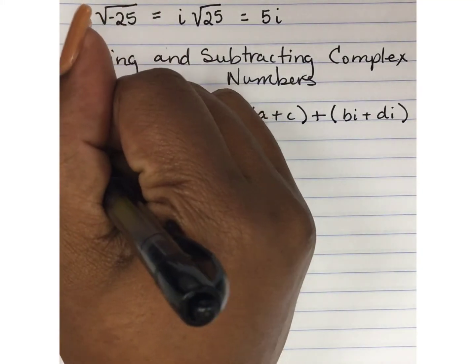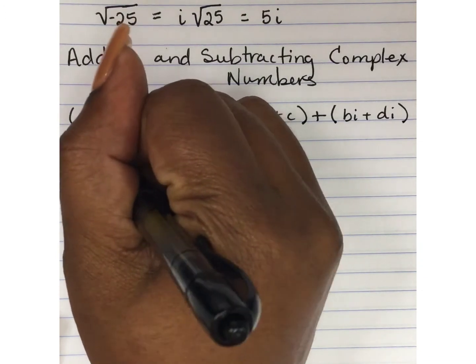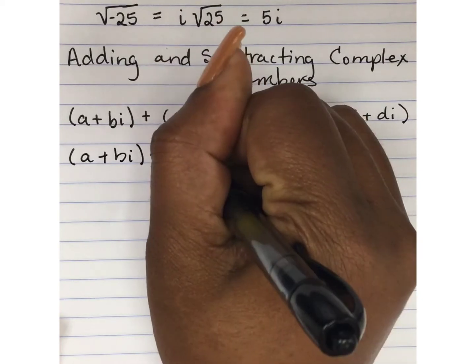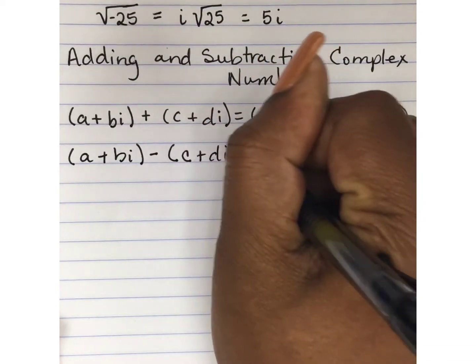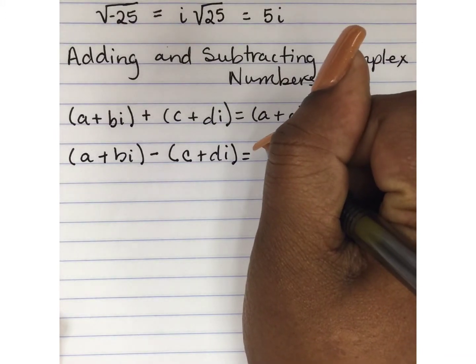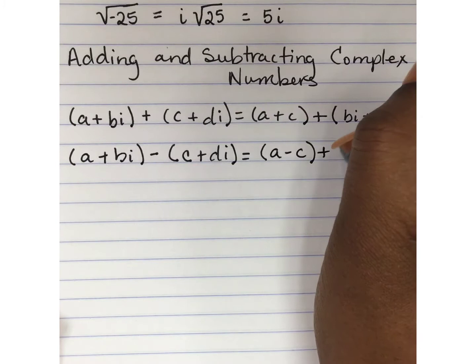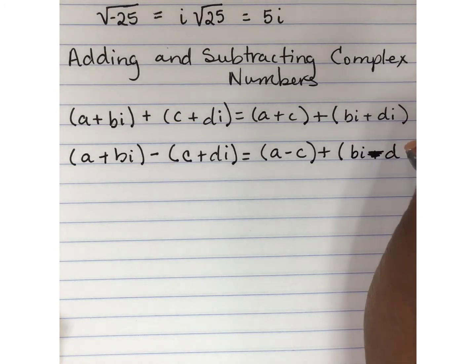And if we're subtracting, we have a plus bi minus c plus di. That simply means that we subtract the two real numbers, a minus c, plus, and subtract the imaginary numbers, bi minus di.